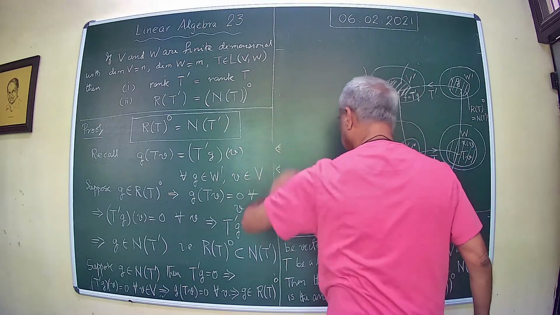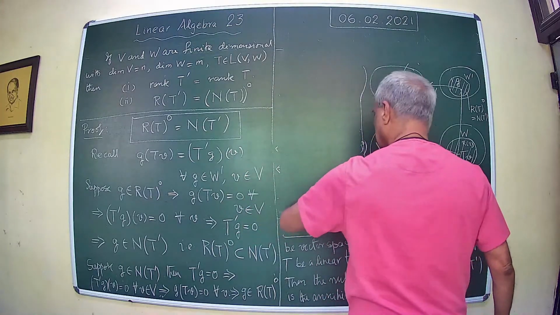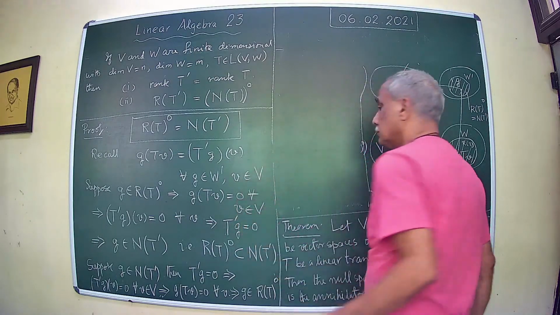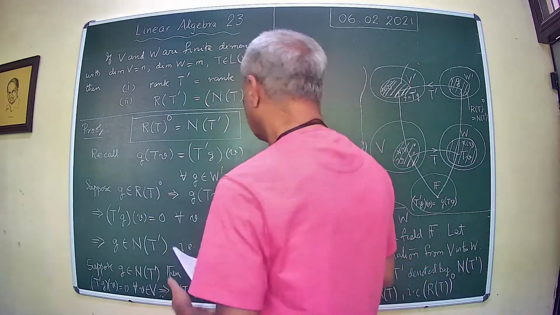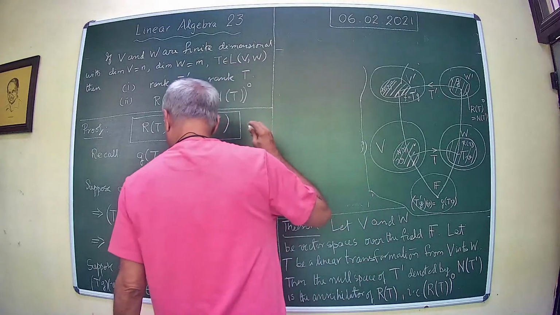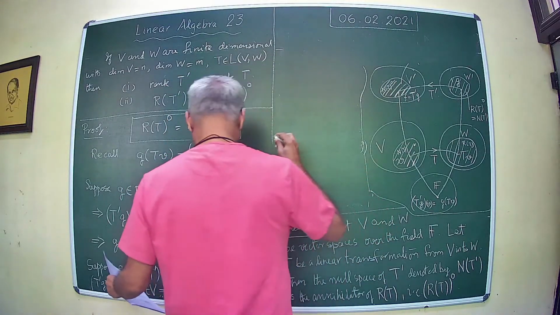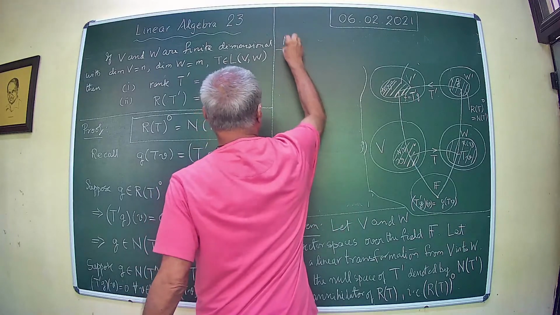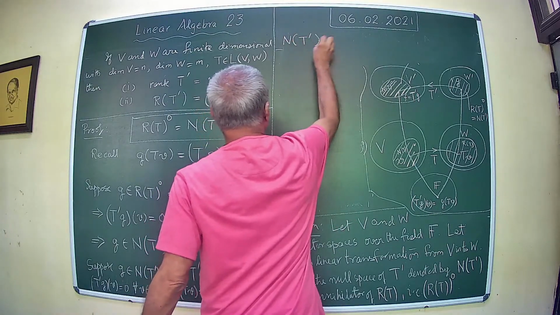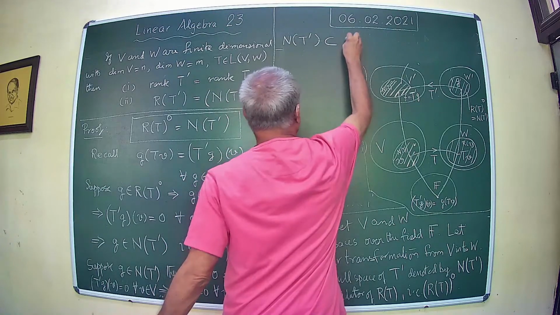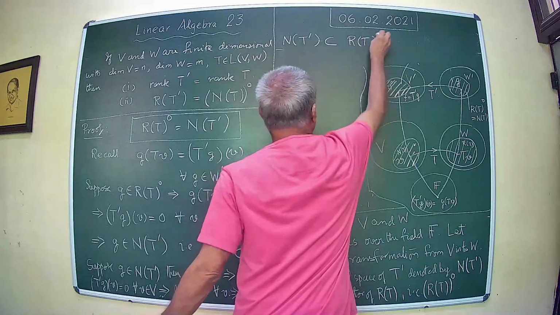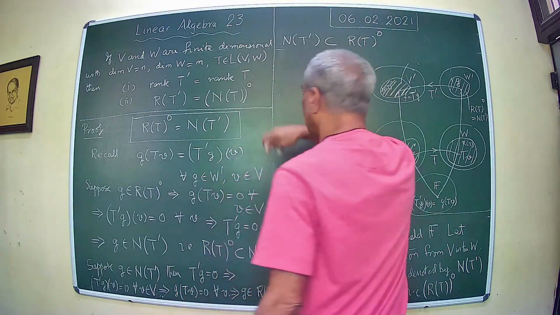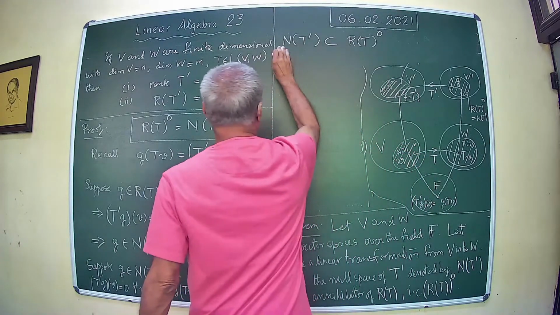Therefore, we have N(T prime) contained in R(T) naught.